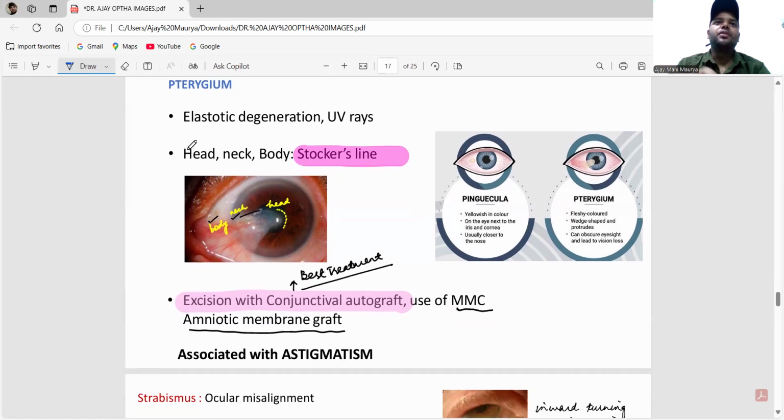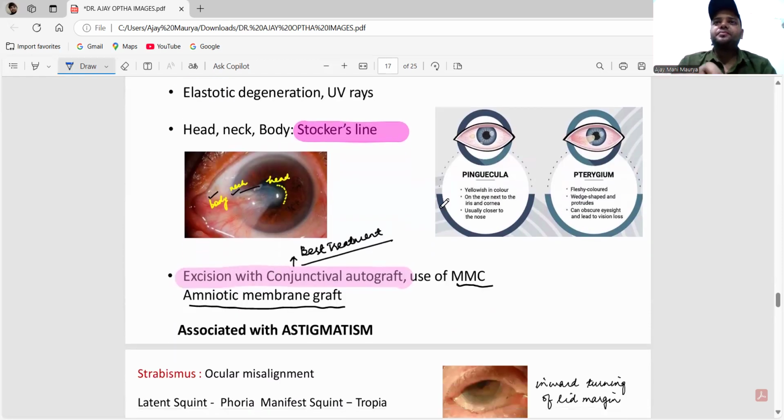So what is the treatment they are asking? It is excision with conjunctival autograft, use of mitomycin, also amniotic membrane graft. It is associated with astigmatism.